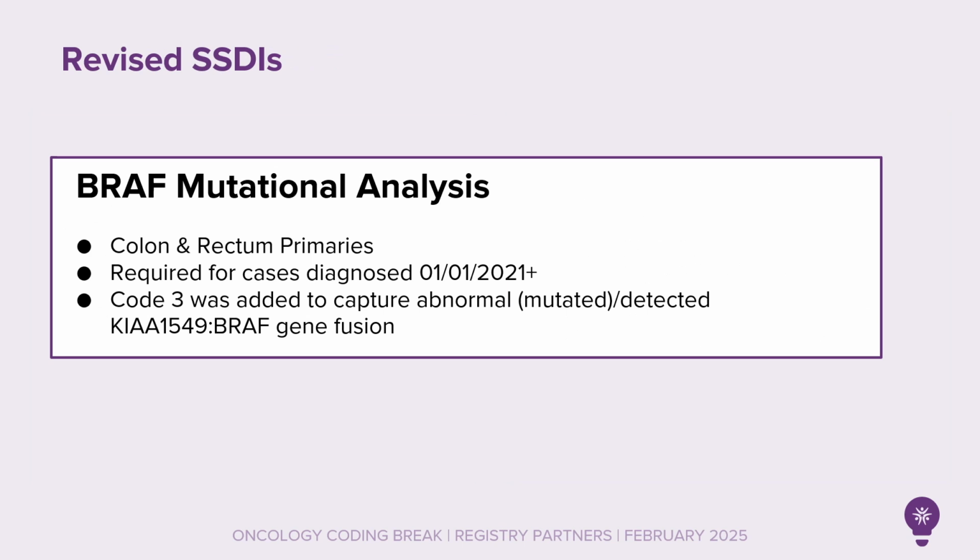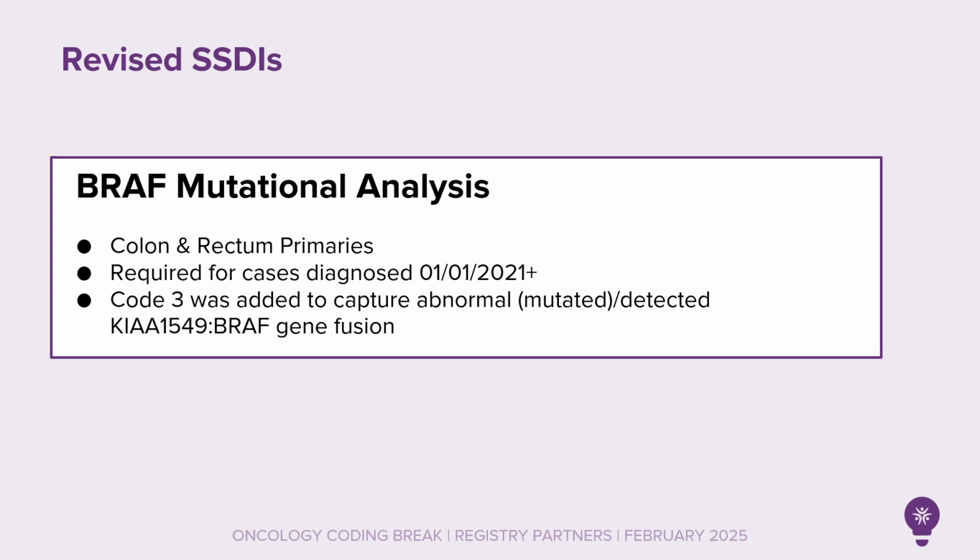There was one SSDI that was revised in 2025 for colon and rectum primaries diagnosed January 1st, 2021 and forward. The BRAF mutational analysis was modified to add code 3, and this is to capture abnormal mutation or detection of the KIAA1549 BRAF gene.